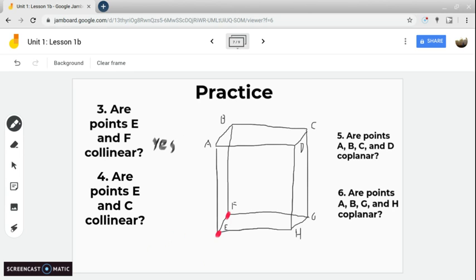Now, I'm actually going to go to number 5 now. I will come back to 4. Are points A, B, C, and D coplanar? That means, are they on the same plane? Let's see. Here we go. A, B, C, D. Are they on the same plane? Remember what the plane is. You have the shapes. And yes, they are. They all are on the same plane.